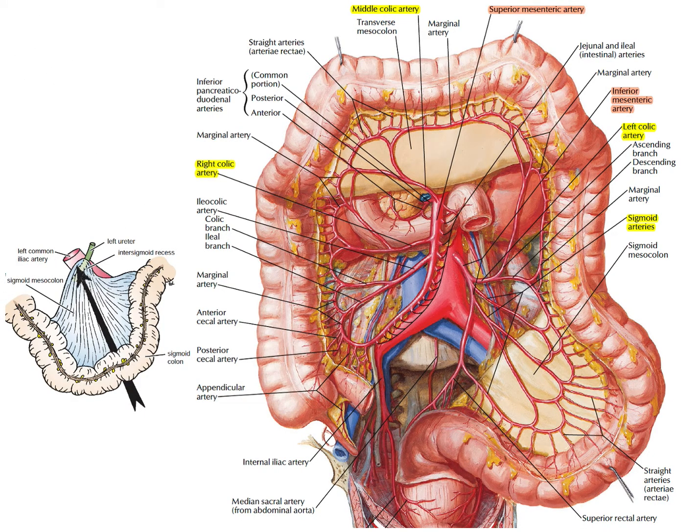Here is the apex. This is the sigmoid mesocolon, and this is the apex of it. This is the right limb, this is the left limb. So this is the left common iliac artery that divided into external and internal, and this bifurcation of the common iliac is crossed by the left ureter. So this is the location of the apex.